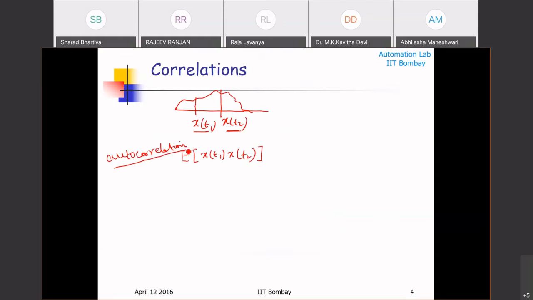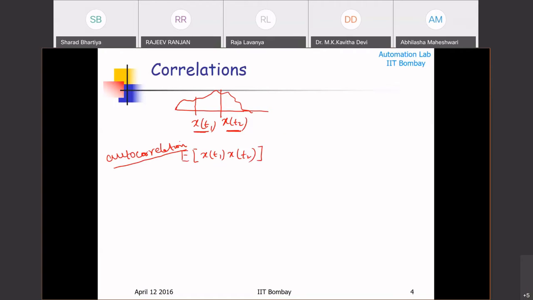But note that we're still using the notion of a random variable, but we are talking about T1 and T2 as two different time points. This is an autocorrelation. So it is a correlation because, if this correlation is positive, then it tells me generally when x of T1 increases, x at T2 also increases.